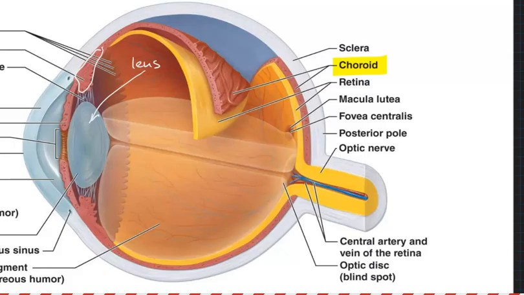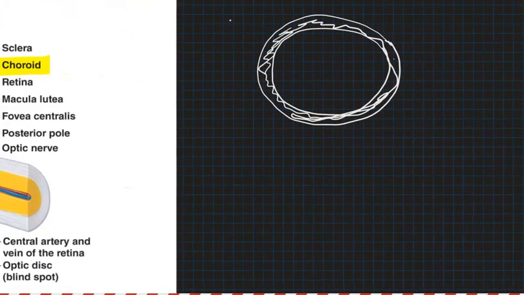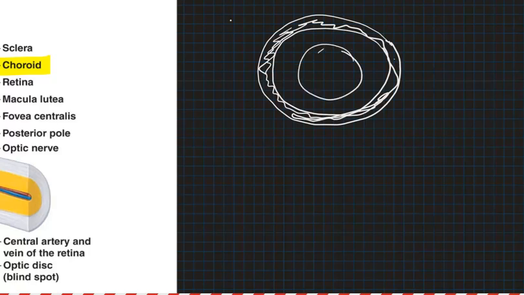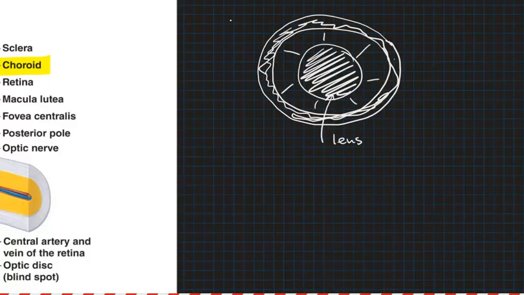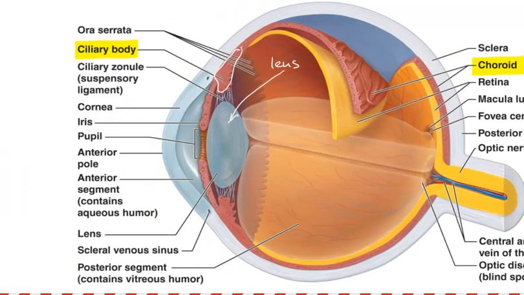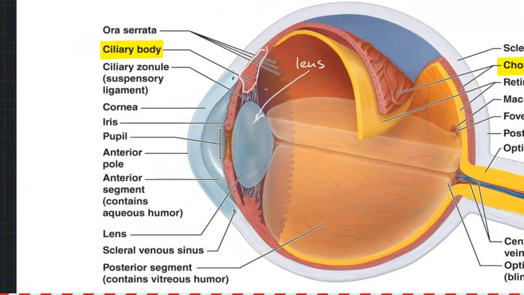It's suspended within the body. Does that make sense? It is suspended by little ligaments called suspensory ligaments or ciliary zonules. So that's your zonules.